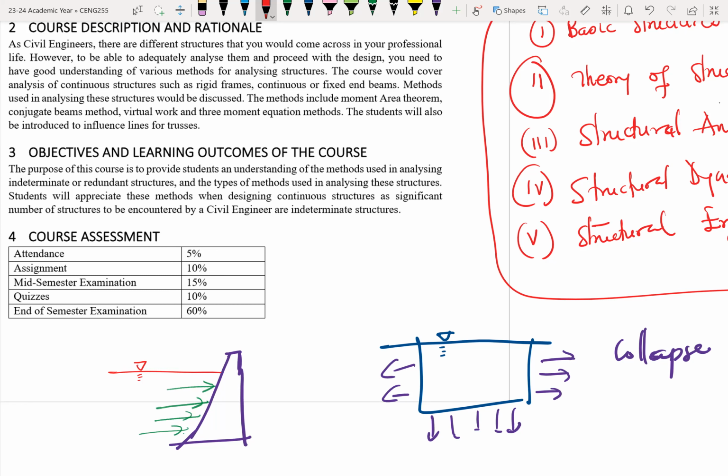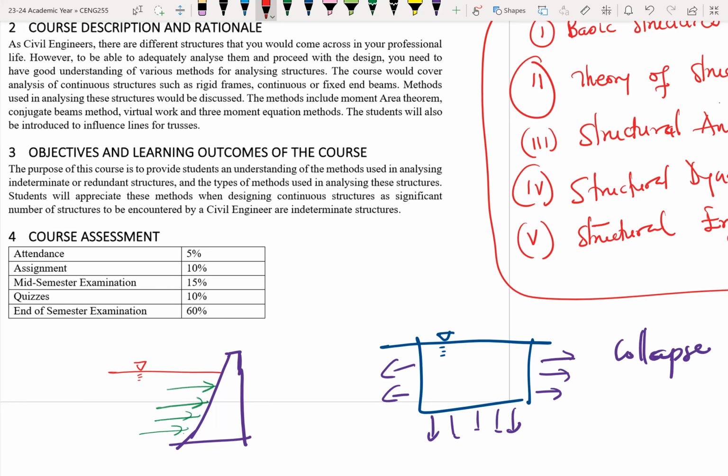Okay. There are different methods or different approaches that are used to analyze structures. Okay. So many of them. We'll try and look at the different approaches, right? Some are suitable for certain scenarios, whilst others are not, depending on what the loading conditions and also what the structure behavior would be.